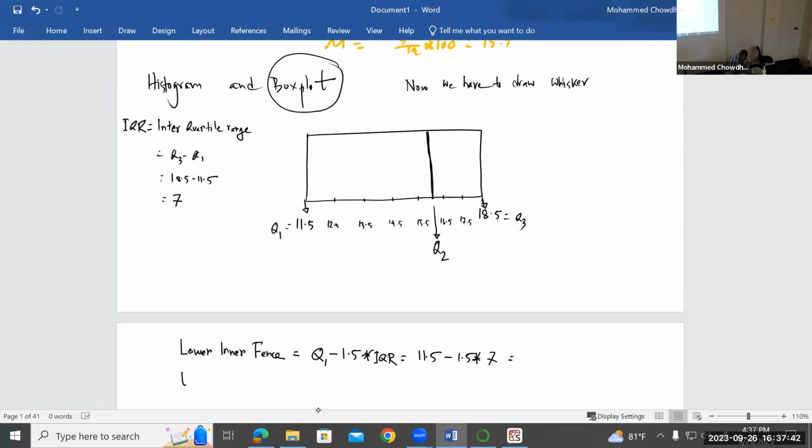And then the upper inner fence: Q3 plus 1.5 times IQR, which is equal to 18.5 plus 1.5 times 7. Tell me this number, first one. 1. This is 1. That one? 18.5, what is that? 29. Yeah, 29.